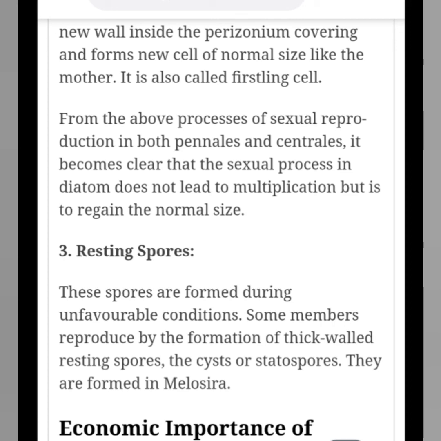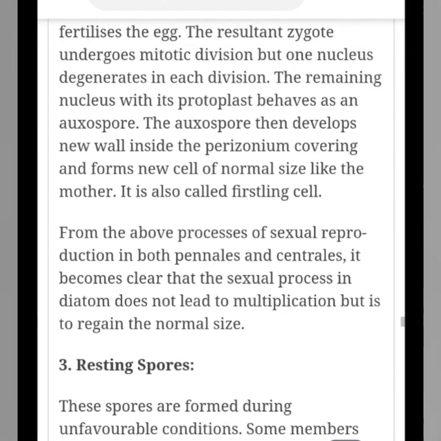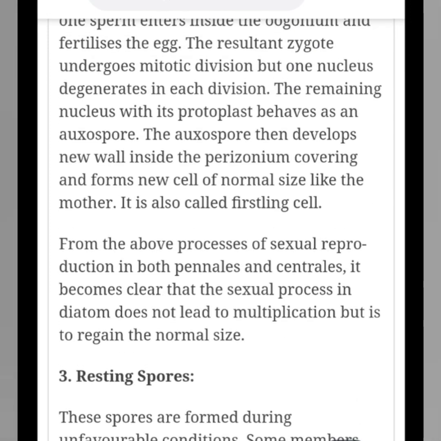But in case of sexual reproduction, the sexual process does not lead to multiplication of the species, it is only to regain its normal size. And also we just want to show you this, that is the end of the range of reproduction.